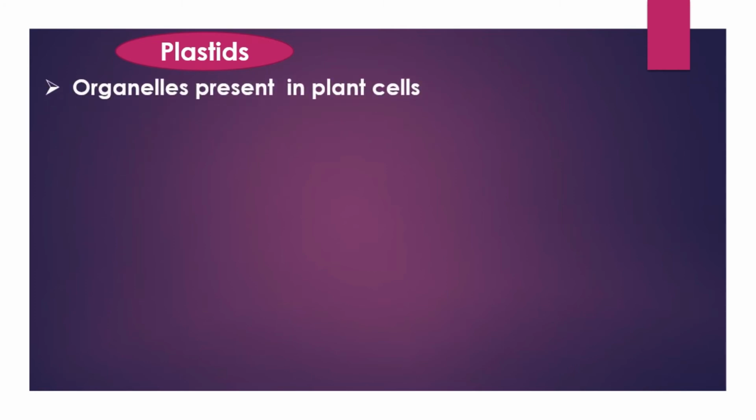The organelles mentioned above are present in both plant cells and animal cells. Plastids are organelles found only in plant cells. These organelles are absent in animal cells. Plastids are of different types.